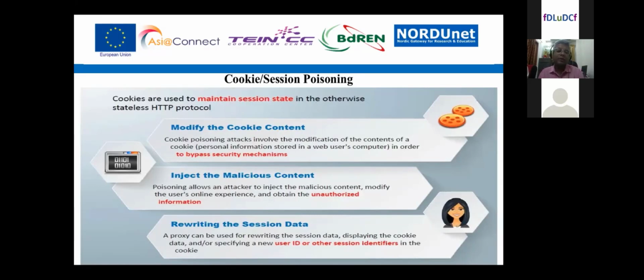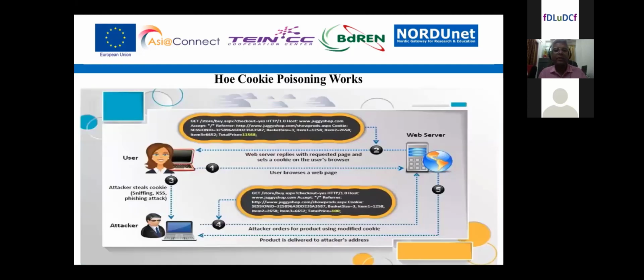So in cookie poisoning, the attacker can do these 3 types of things. From the cookie, the attacker is trying to collect credential information and get unauthorized information, and also the session ID, so that they can get access to the trusted server.